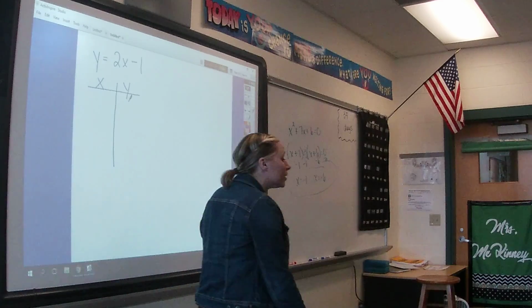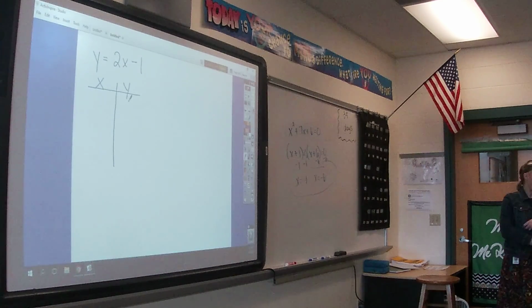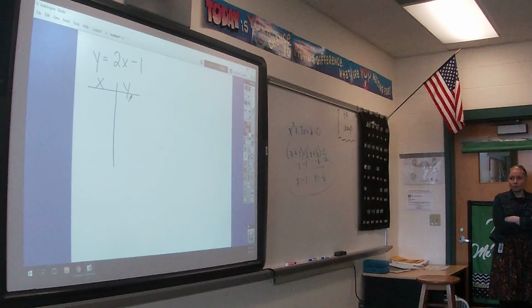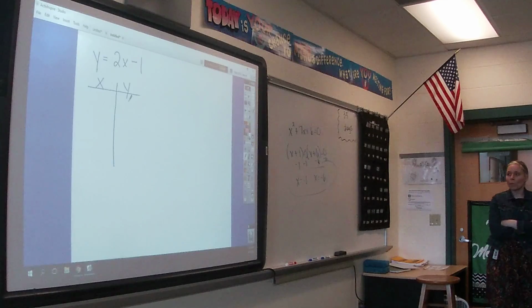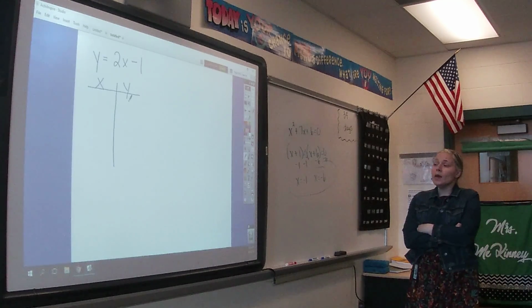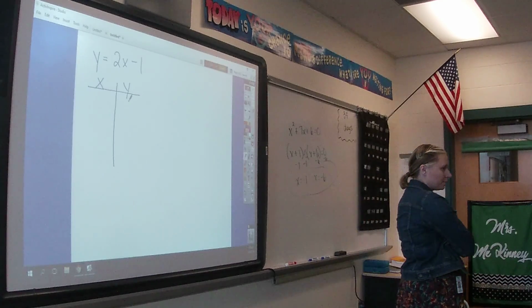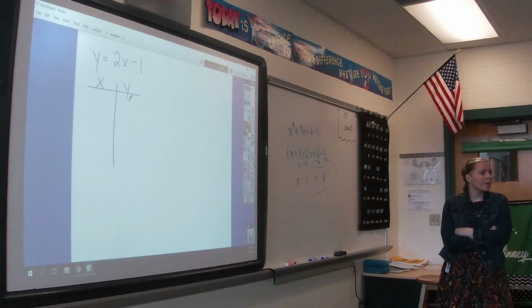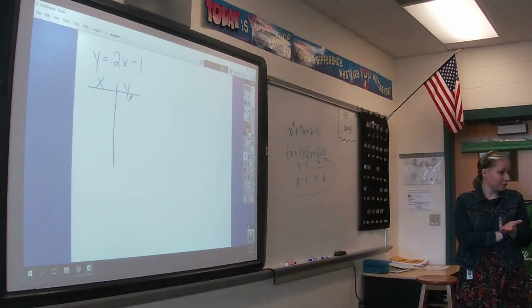We are going to start by making a table, and we are going to try to pick some points that we can then graph on a coordinate plane.